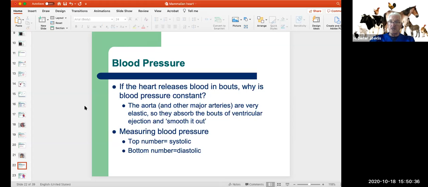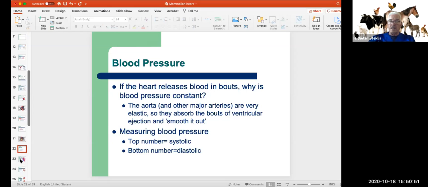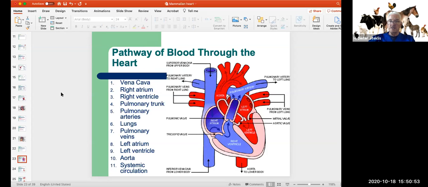Then when the heart relaxes, when blood flows into the ventricles, that's the bottom number, the diastolic measurement. That's the pressure during the relaxation of the heart muscle itself.